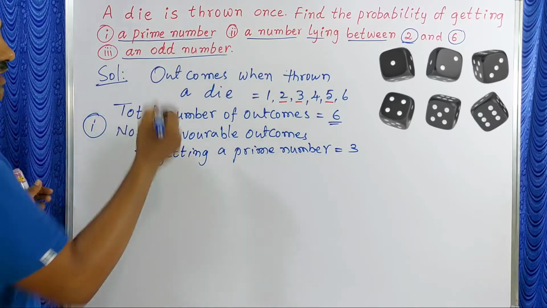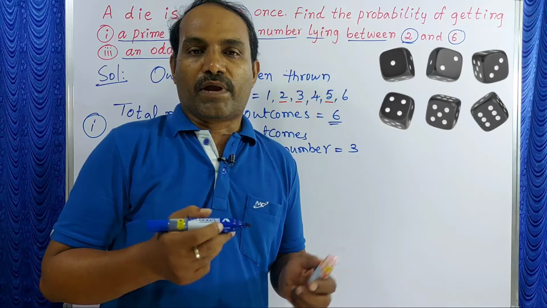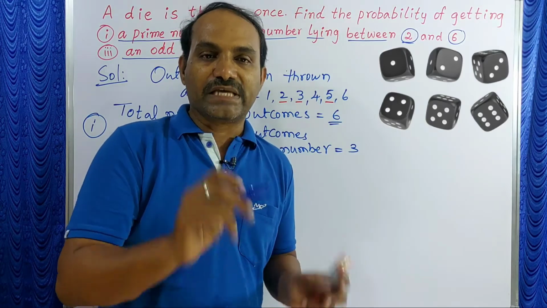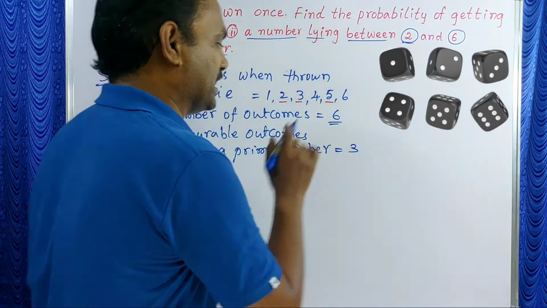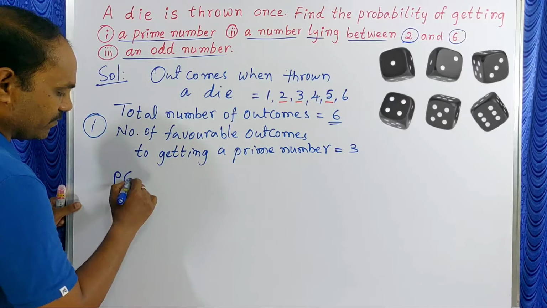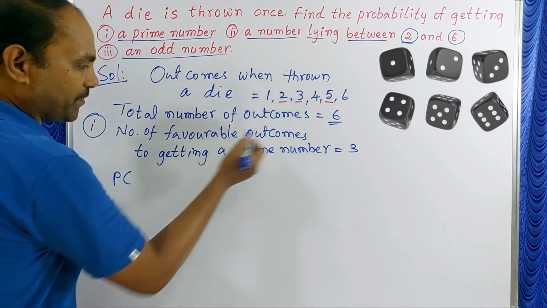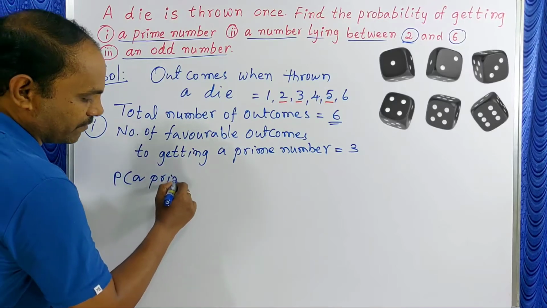Now, by using the probability formula, what is the probability formula? Probability of an event P(E) is equal to number of favorable outcomes by total number of outcomes. Here E means getting a prime number.